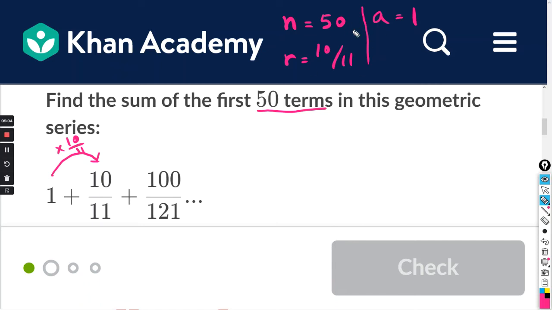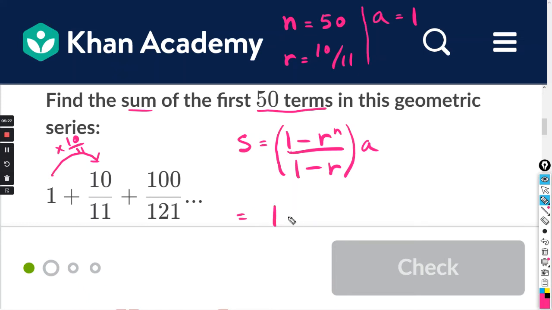We're just going to use our summation formula to find the sum of the first 50 terms. You do 1 minus r to the n, divided by 1 minus r, and the whole thing is multiplied by a, the first term.